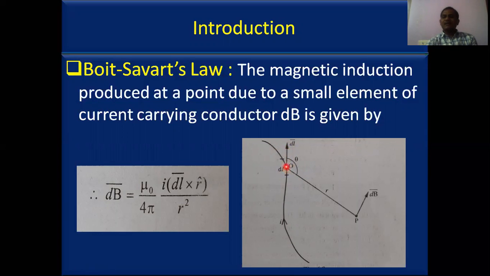Due to this small element, the magnetic induction field strength at the point P, which is at distance R, is dB bar. So this dB bar is given as mu naught by 4 pi, I dl bar cross R cap by R square. Okay. So the magnetic induction field due to the whole conductor is given by integrating this dB bar. So that is B bar equals integral of dB bar.